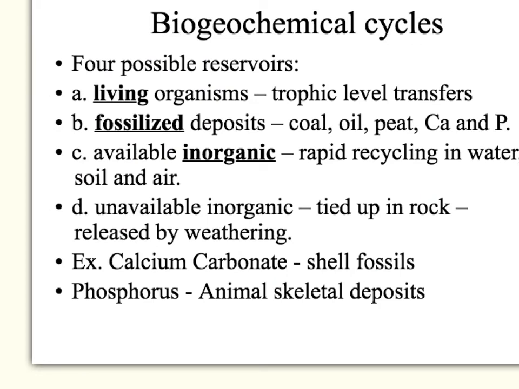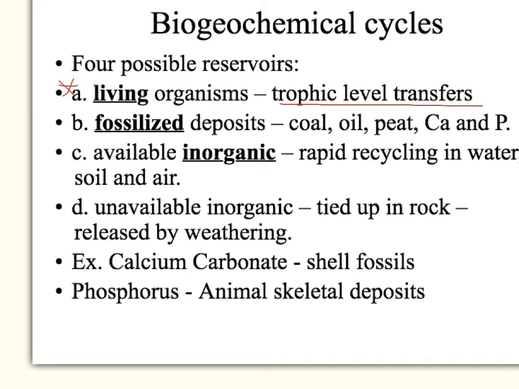There are 4 possible reservoirs for these biochemical cycles. One is living organisms, and we've talked about transferring energy, but you're also transferring materials. So when one organism eats another organism, the materials, the matter in that organism goes into that other organism. So we can transfer some of those materials from organism to organism through our trophic levels.